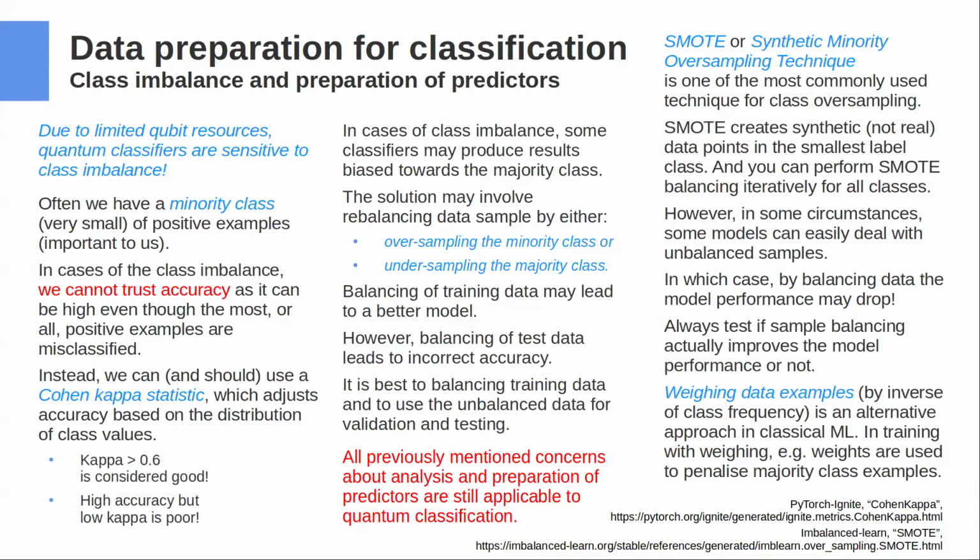Balancing usually leads to better results, but it leads to incorrect accuracy because the population has a very different distribution than the data in your model. The worst that can happen is that the data is given to you, a lot of free data around, already balanced so you don't have any difficulties creating models.